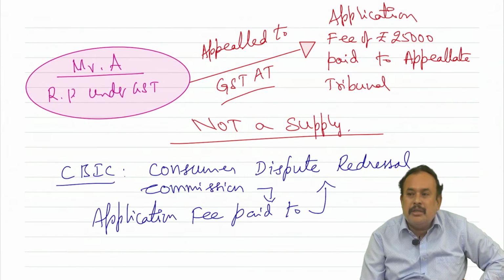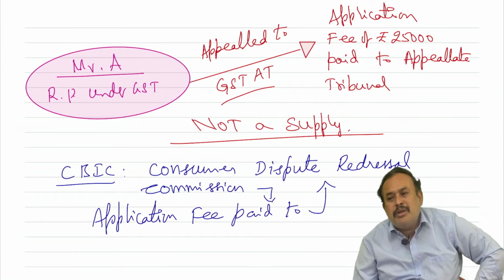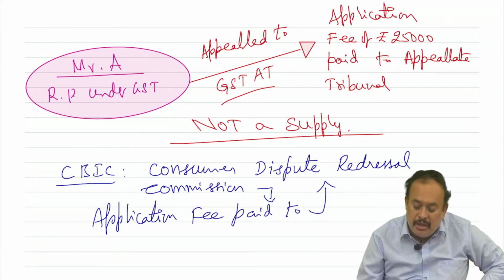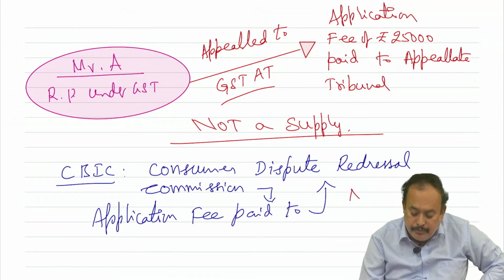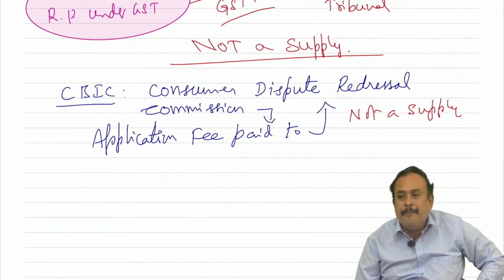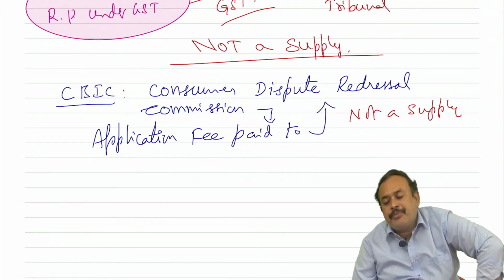Here the Consumer Dispute Redressal Commission is also a judiciary, therefore it is not a supply. Got the clarity, my dear friends?